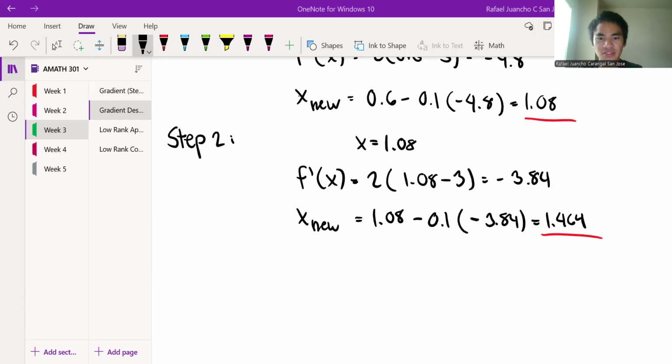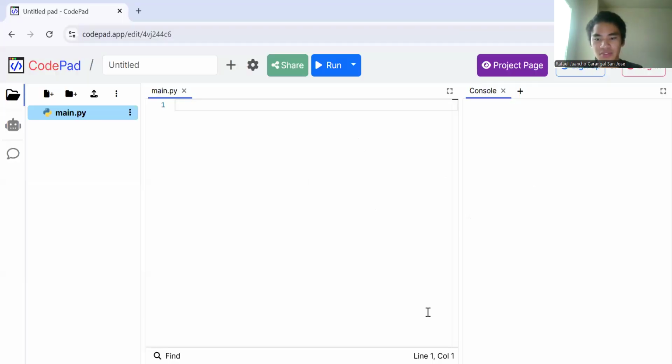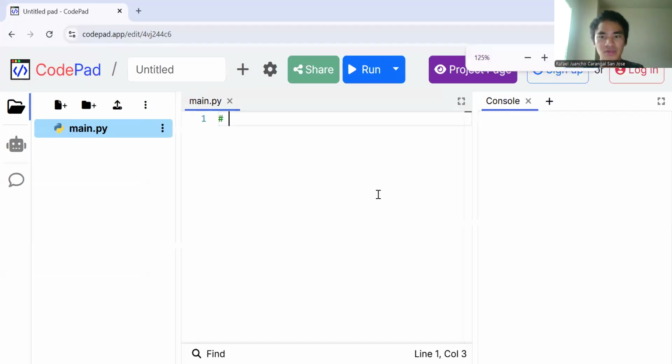Let me go ahead and share this. Okay, hope it's visible. So the first thing I'm going to do is create that function, right?